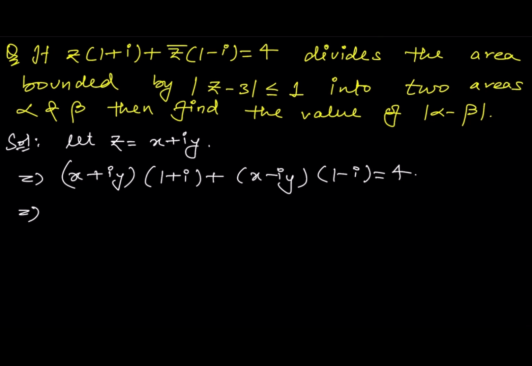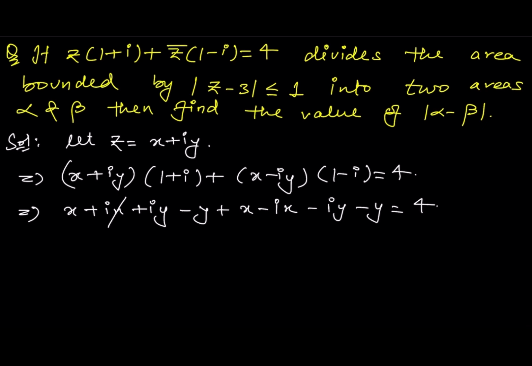So this will be x plus iota x plus iota y minus y plus x minus iota x minus iota y minus y is equal to 4, right? So plus iota x minus iota x, plus iota y minus iota y. So this will be 2x minus 2y is equal to 4, or x minus y is equal to 2.